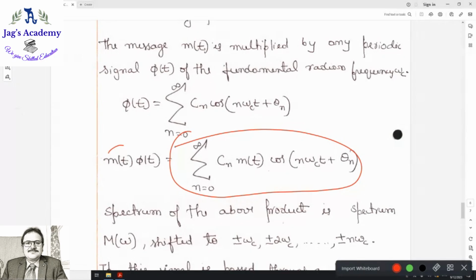Can you expand this expression for n is equal to 0 to infinity? Of course, you cannot go till infinity, but you can go till some n, right? Yes or no? Okay. Now, can you expand this? m of t into phi of t is equal to, let us expand, C0 m of t cos of 0, right?